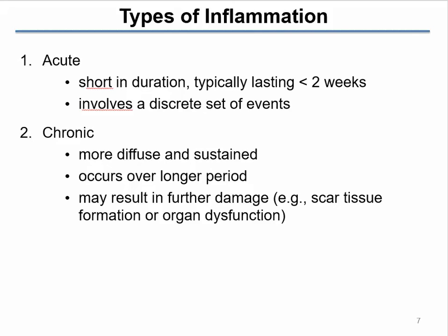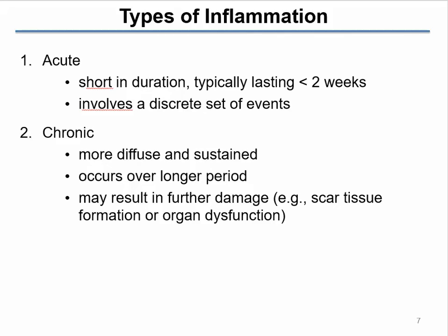So in chronic inflammation, the response is more diffuse, it's sustained, it lasts way longer. And the problem is that it can itself lead to damage. Chronic inflammation is not a positive thing. Chronic inflammation will result in further tissue damage.